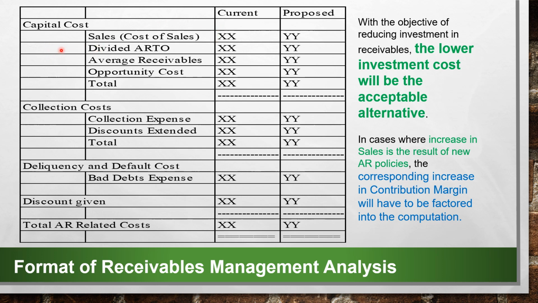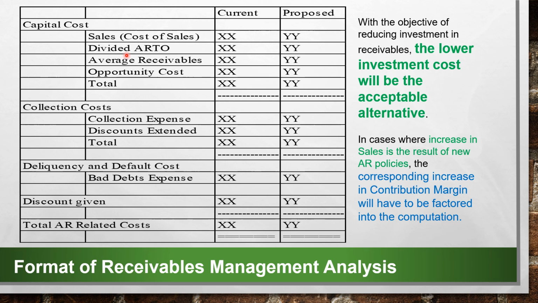Usually the problem gives the sales in gross amount, and we'll be given a variable cost ratio or a cost ratio. So you need to multiply that to get the cost of sales. You just plug in for current and proposed, and compare. Then we divide that with accounts receivable turnover.